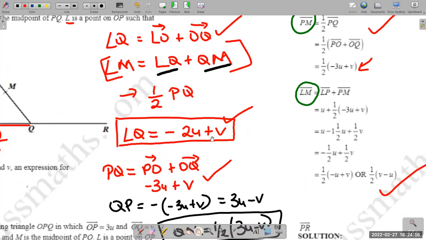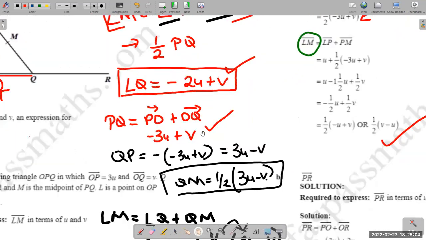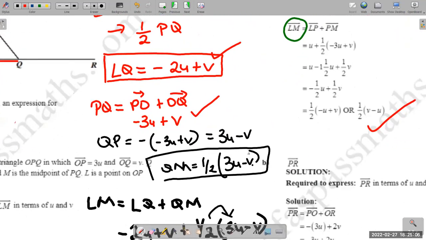So basically, we just follow the path, and that's how we get our first leg. This was our first leg, and then what we had to do was just work out this leg here.